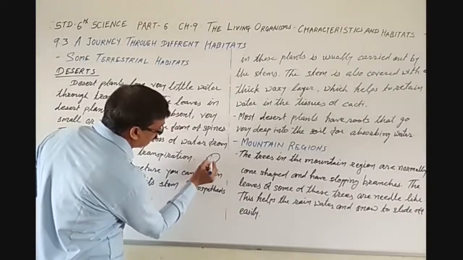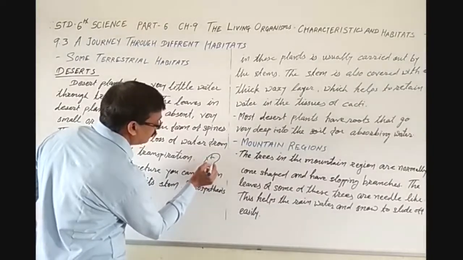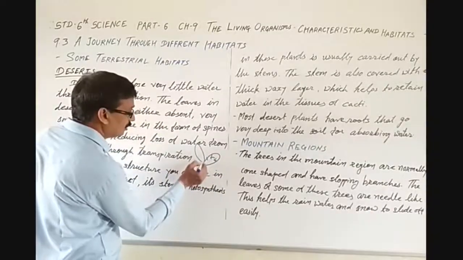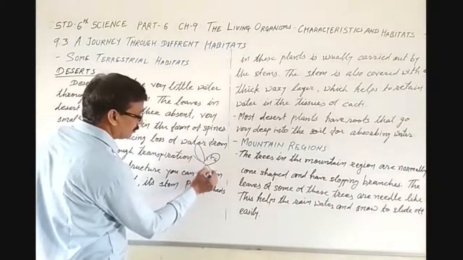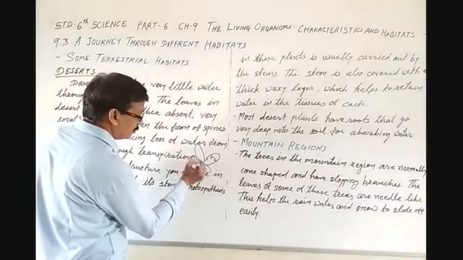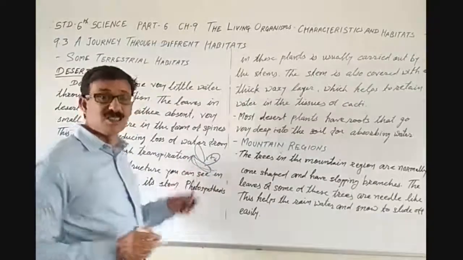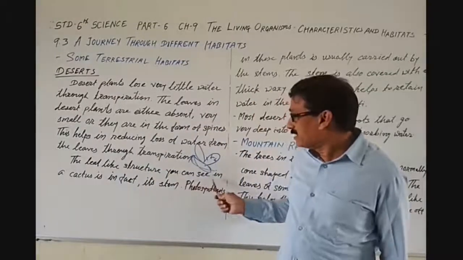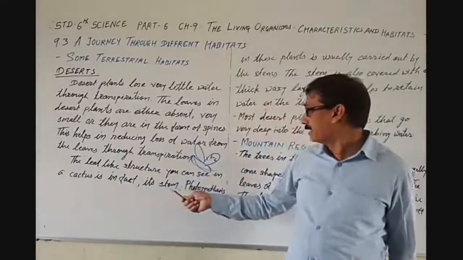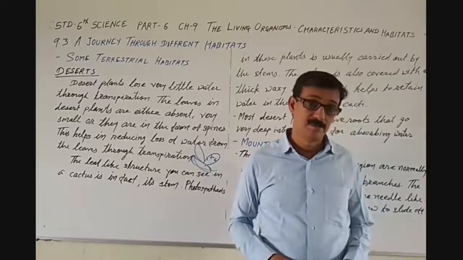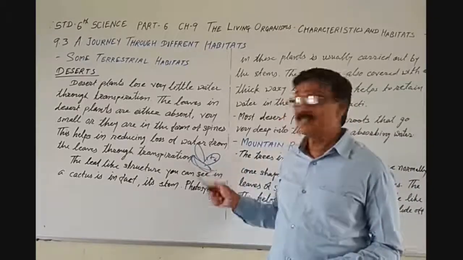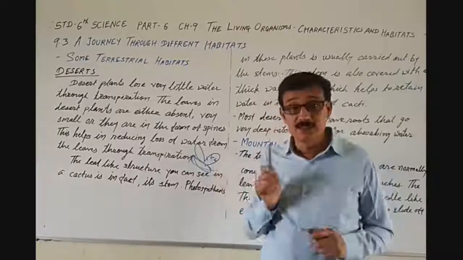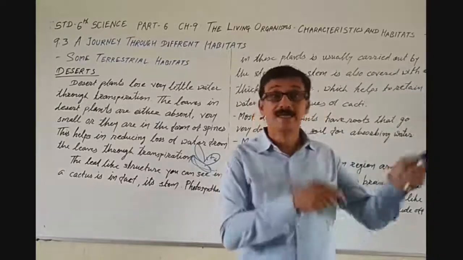Some spines also are there. See, this is the leaf-like structure in the cactus. This leaf-like structure in the cactus is in fact its stem, and the spines you can see are its leaves.